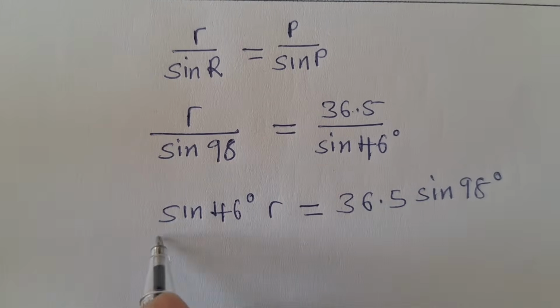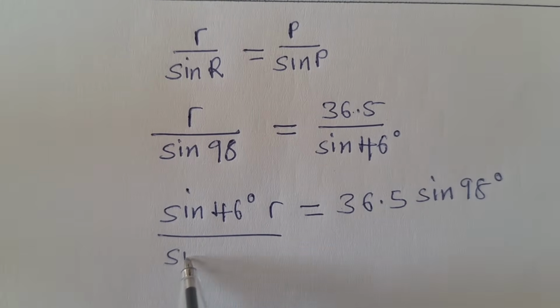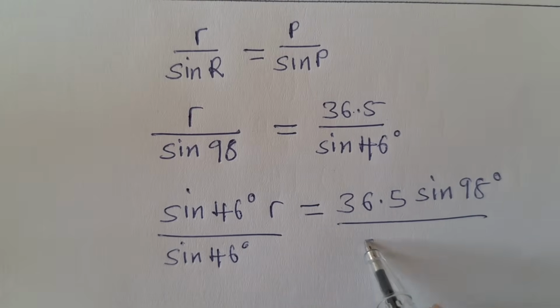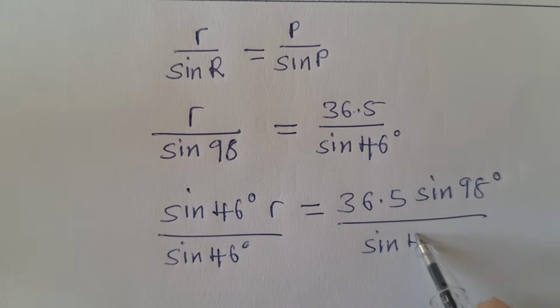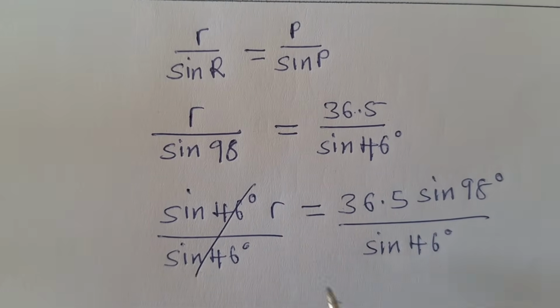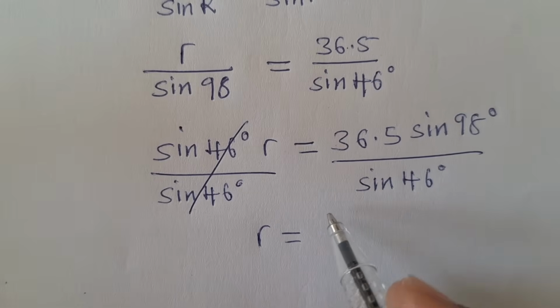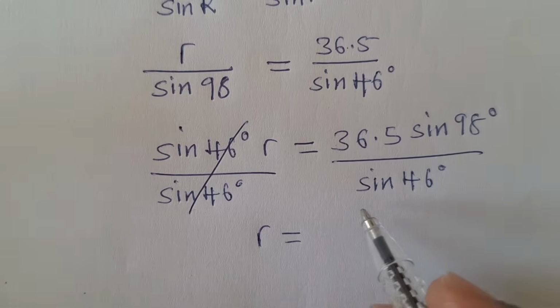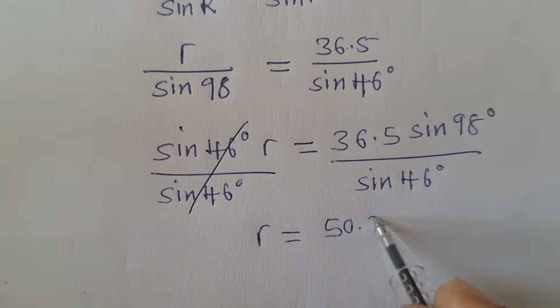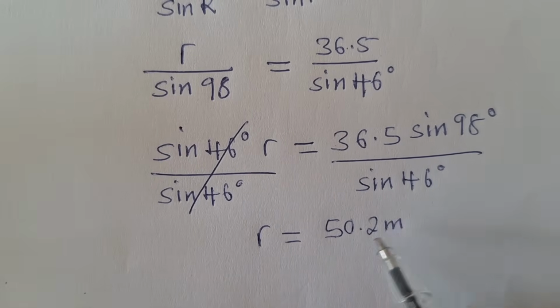We now divide by sine 46 degrees by sine 46 degrees. These two go. We shall of course remain with r. Okay. This is r is equal to, when we punch on our calculator, this is giving us 50.2 meters.